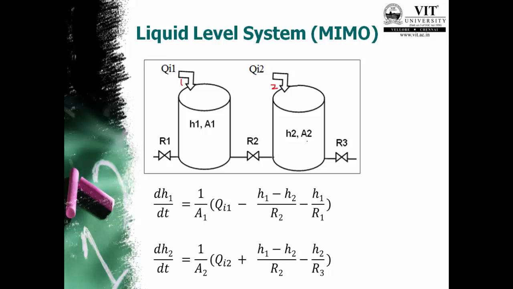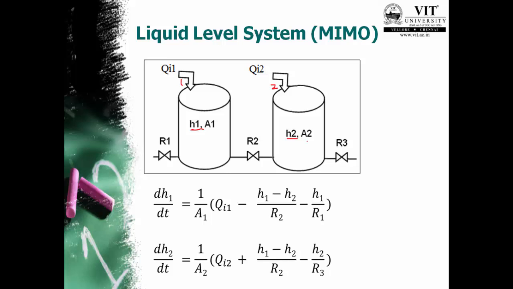And we have interacting system here, and there are valves connected at the outlet, and all these valve resistances are related to the liquid levels and the corresponding flow rate through the valves. And we have two variables here, H1 and H2. So two state variables and two inputs.